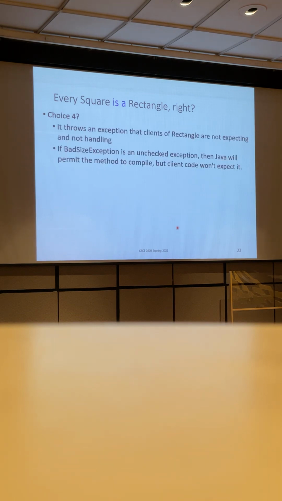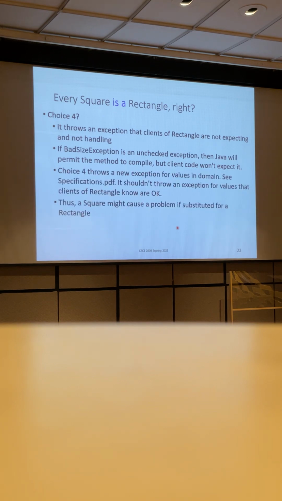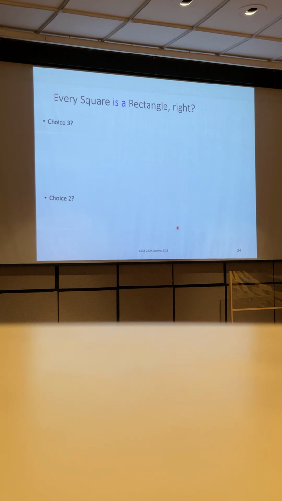That's not good, because it might surprise the client. So a square definitely might cause a problem for the client if we substitute the square instead of the rectangle. Choice number 3 could do, but it's not an override; it's an overload. So not so good.